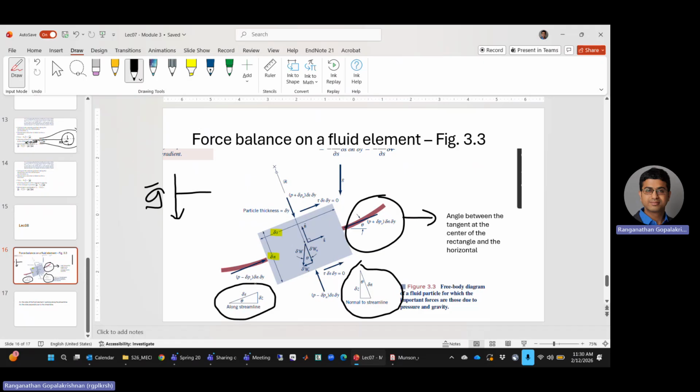Gravity is going to be vertically down, but if I want to do a force balance along 2 directions, one parallel to the streamline and one perpendicular to the streamline, how should I resolve gravity? If gravity acts along here, what would be the component along the normal and along the streamline? From these two little diagrams and using trigonometry, you can tell me.